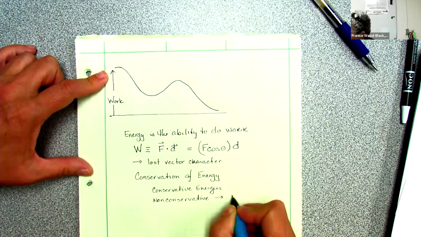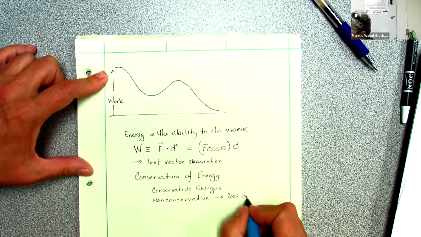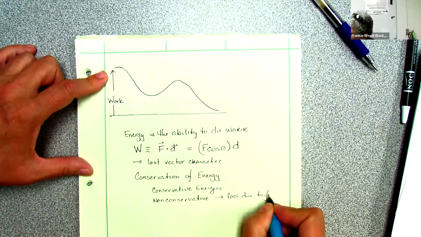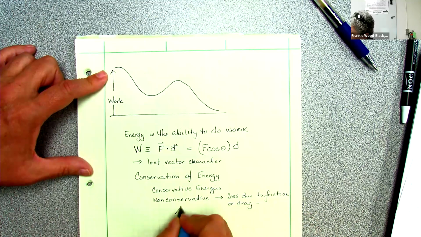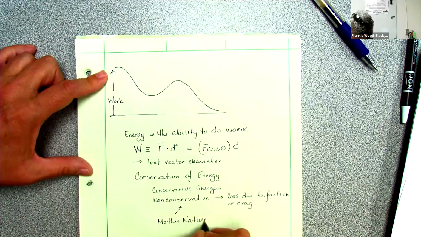And these were things like losses due to friction, or drag. And this is because Mother Nature isn't fair. And this gets back to the second law of thermodynamics.